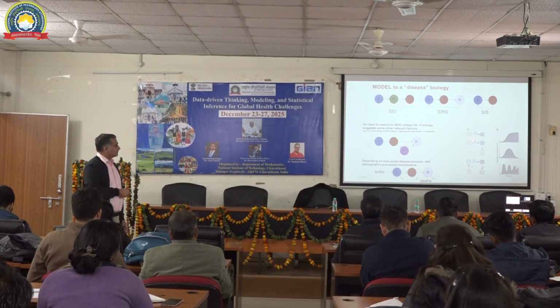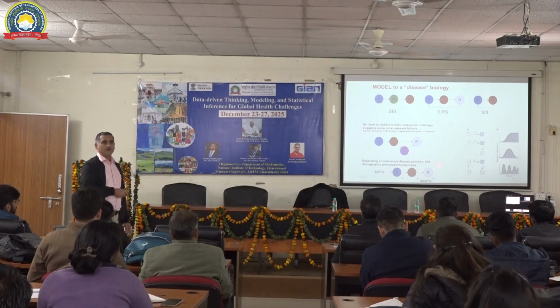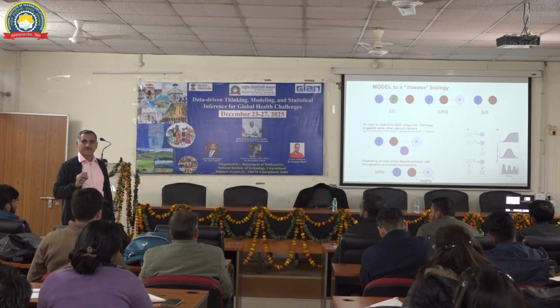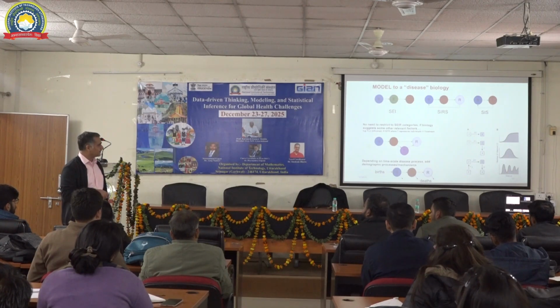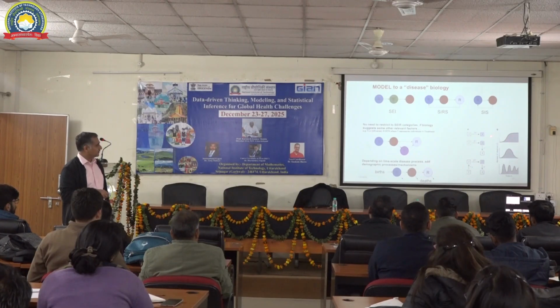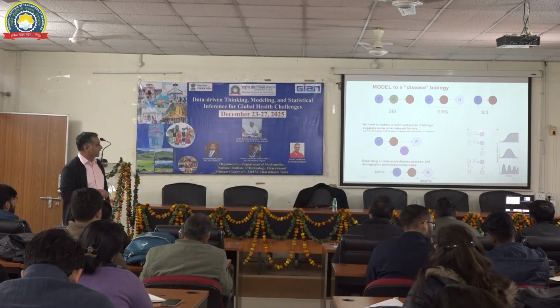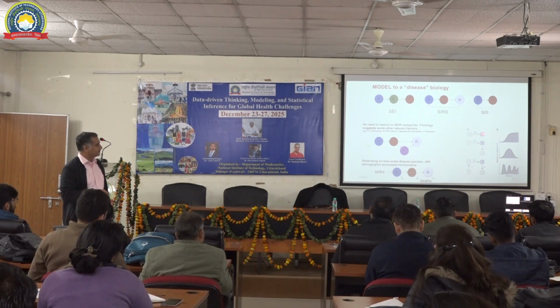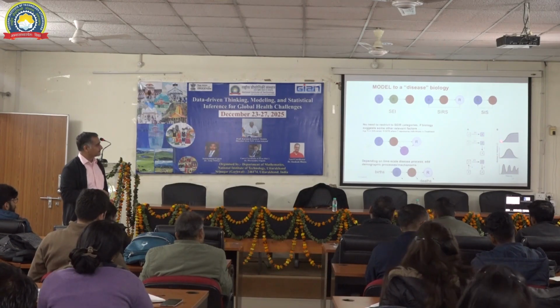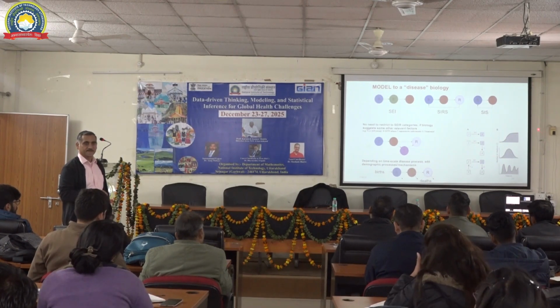Okay. This is a very beautiful way of seeing it. I got this picture from some book, and here is what it is showing. If you model with two compartments, S and I, the shape of the I compartment will look like this. What is it showing? Saturation.